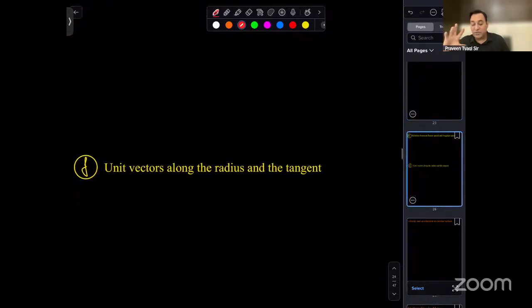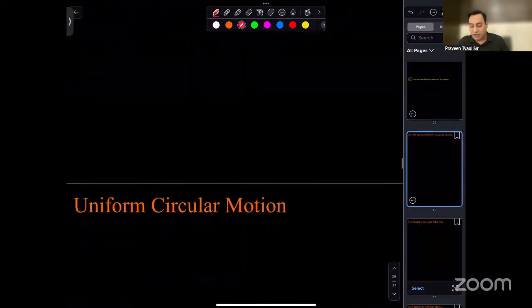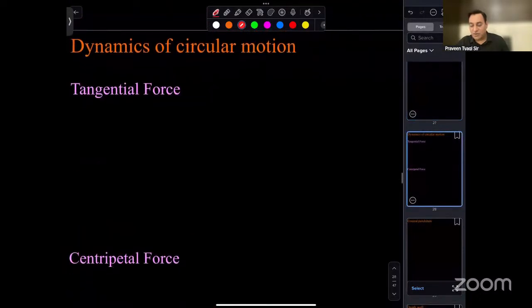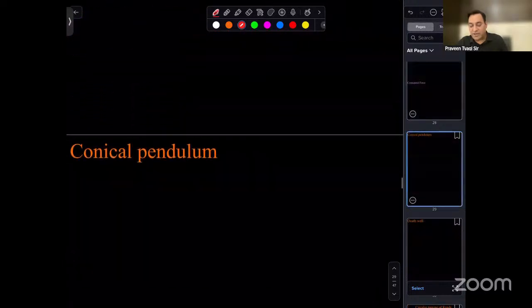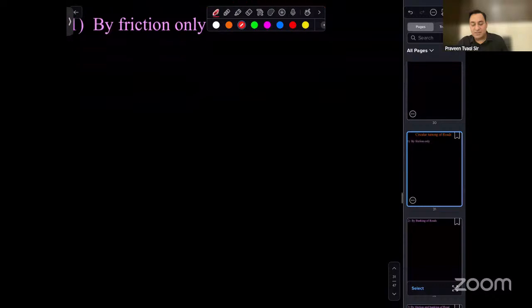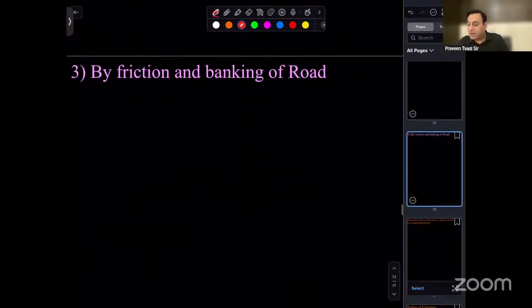This is going to be the basis of your rotation. So it's a very, very important topic. Please don't miss this. We'll do uniform circular motion and non-uniform. We'll also understand centripetal force, and I will also explain the funda of pseudo force. So in the next lecture, we will do the remaining parts.